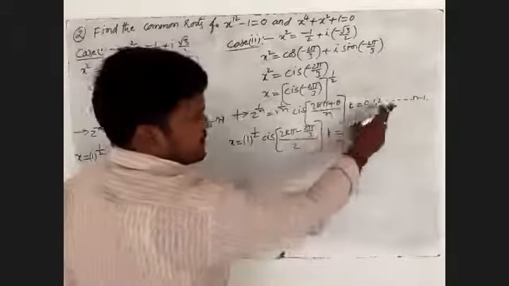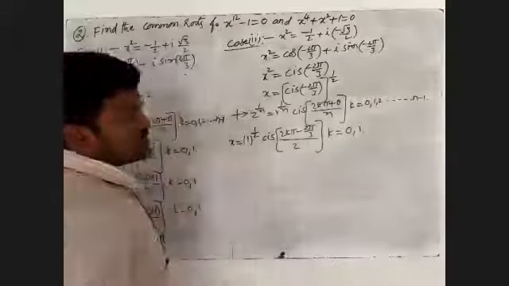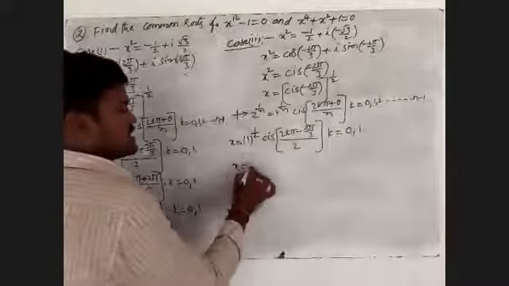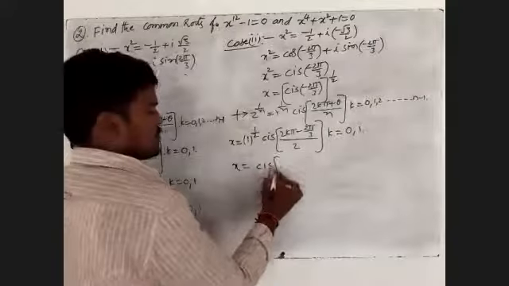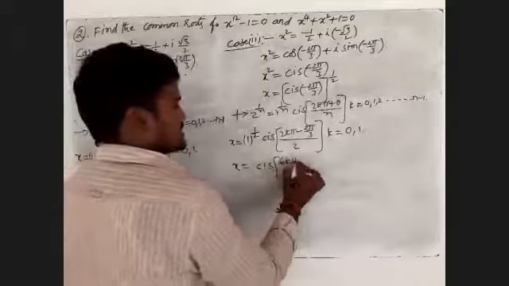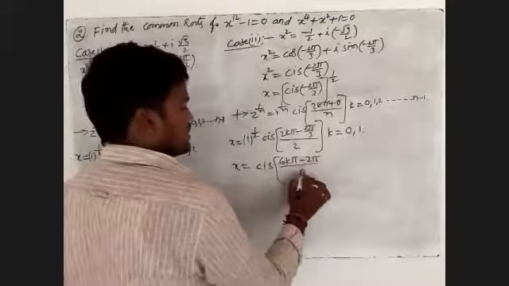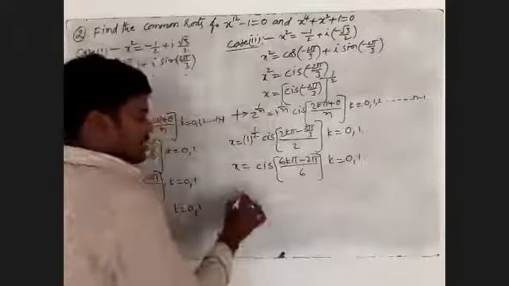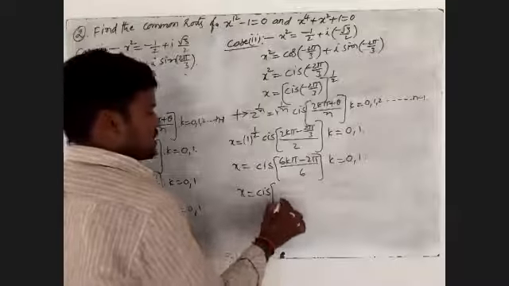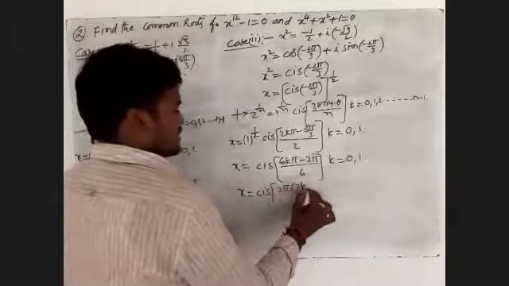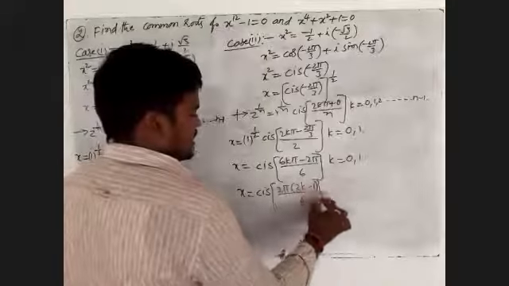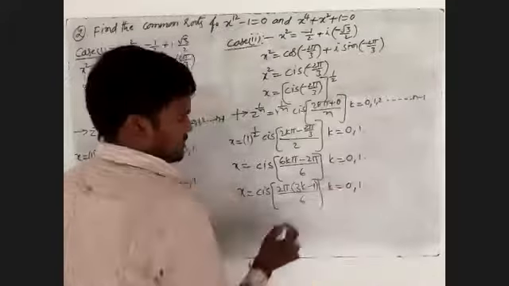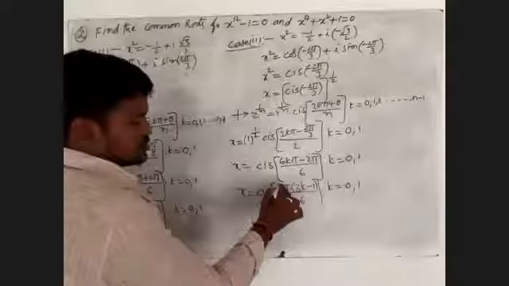N is 2, means n minus 1 is only... In case of k, I have to apply k with 0.